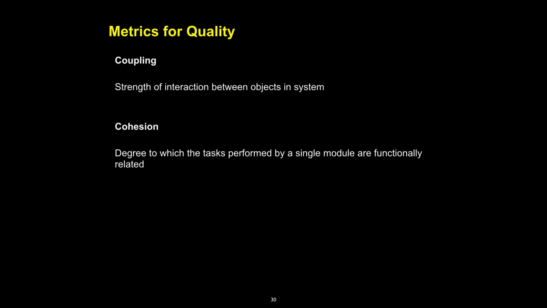And so they came up with various metrics, and a couple of common ones are coupling and cohesion, right? Coupling is the interaction of pieces in your system, right? And cohesion is how well the parts of a module fit together, right?